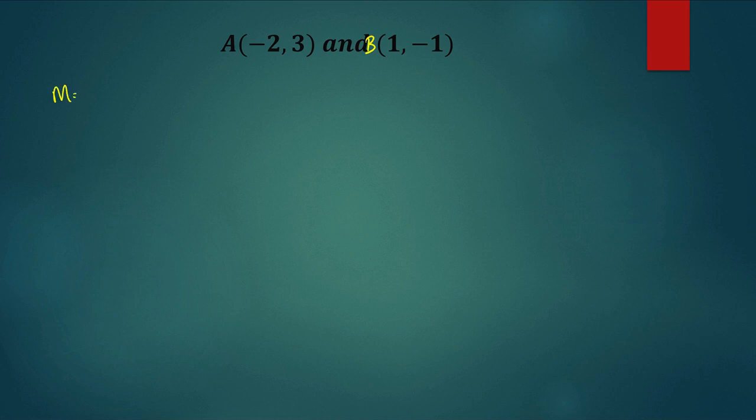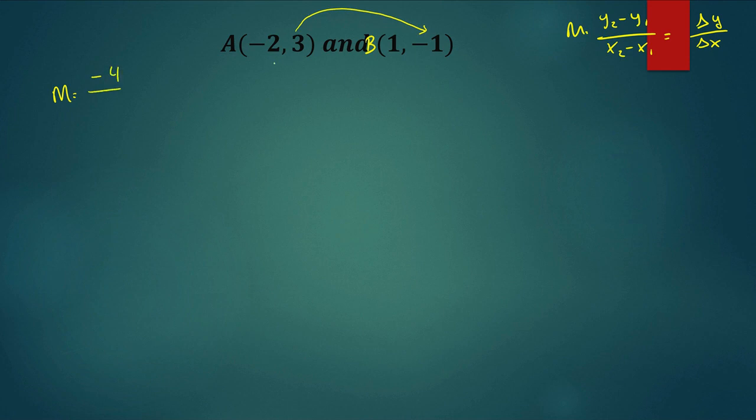In order for us to find a slope, remember we can do y2 minus y1 over x2 minus x1, but remember that's just your change in y over your change in x. And so change in y, how do I get from 3 to -1? We subtracted 4. For my change in x, how do I get from -2 to +1? We added 3. And so my slope here is -4/3.